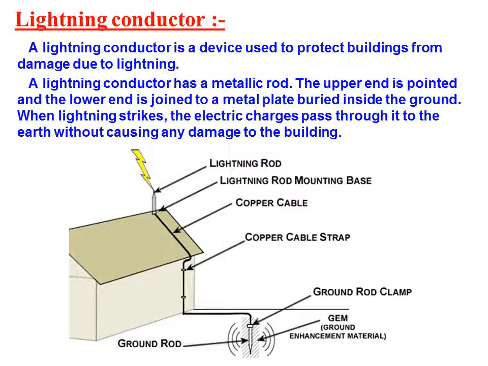That means when lightning strikes, the lightning rod absorbs all the electric charge, and through the copper cable it passes to the other metallic rod buried inside the ground, and the house or the buildings are safe. We can see this in many buildings where lightning and thunderstorms are common.